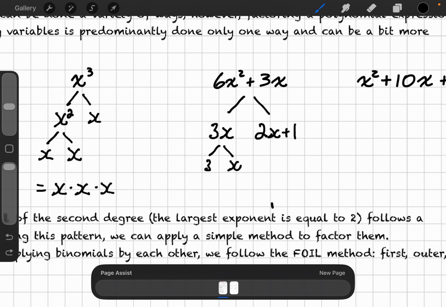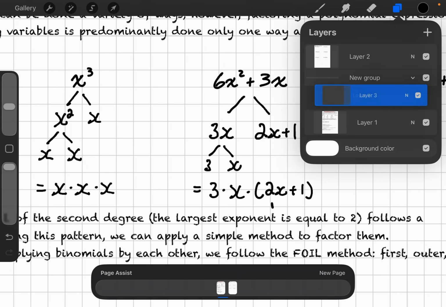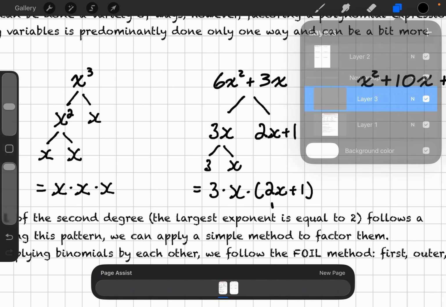It is 3 times x times 2x plus 1, right? Moving on, this one. So this is a trinomial. And how do we factor this?